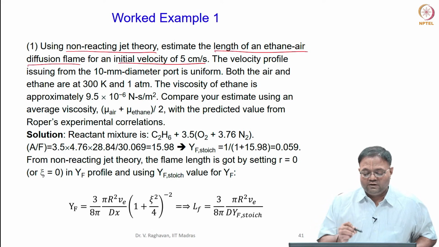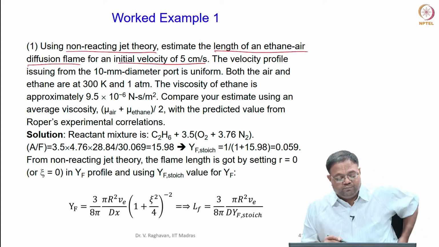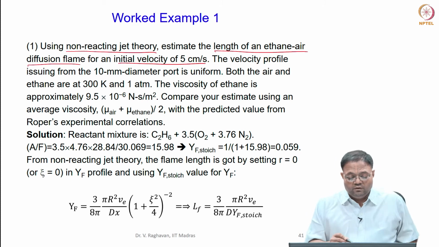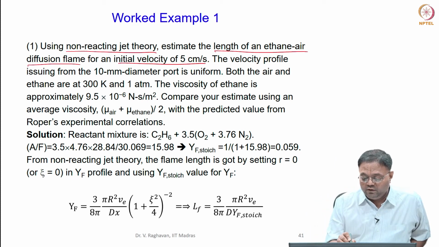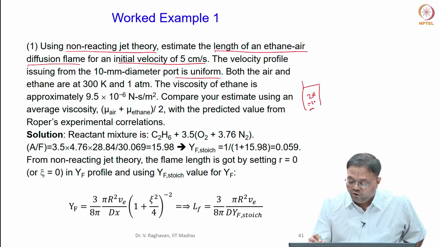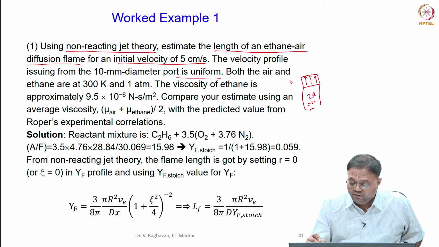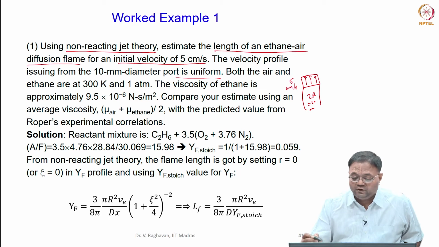The initial jet velocity is given as 5 centimeter per second, and the velocity profile issuing from a 10 mm port diameter is uniform. So 2R equals 10 mm, and uniform velocity is coming out, that is given in the problem, and the average velocity is 5 centimeter per second.